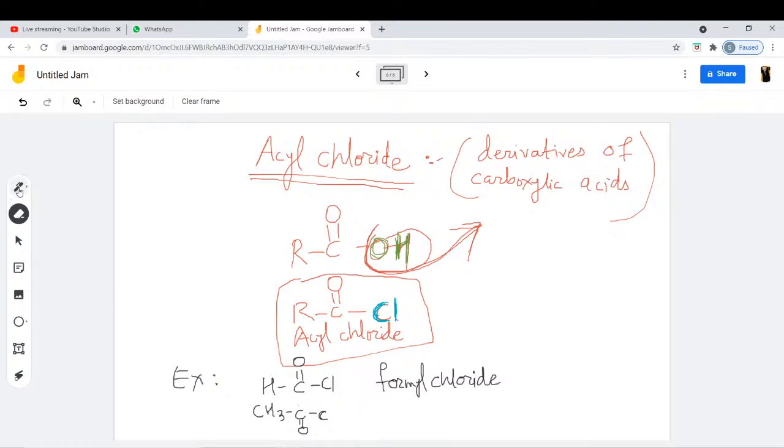Its name will be chloride, of course, since chlorine is there. Which chloride? It is the two carbon one, so acetyl chloride.